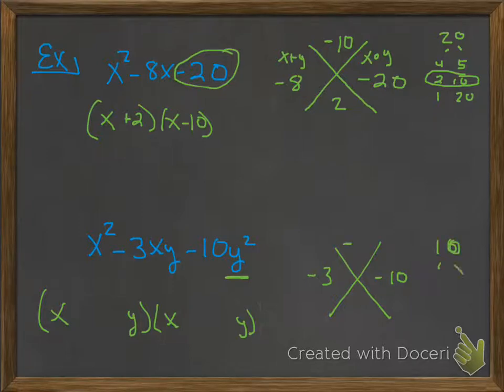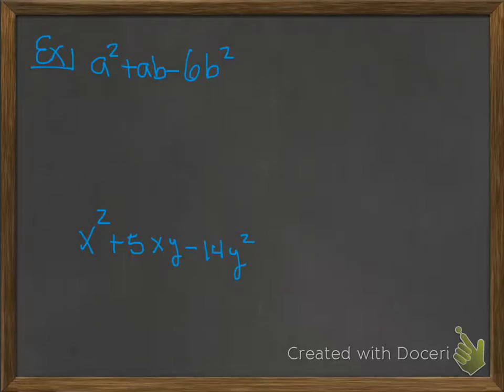It's going to be 1 and 10, 2 and 5, and 2 and 5 will somehow make 3. So if it's a negative 5 and a positive 2, so negative 5y plus 2y will give me my negative 3. Okay, two more of these to try.